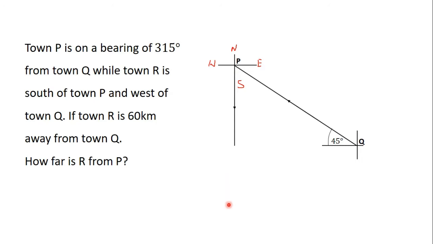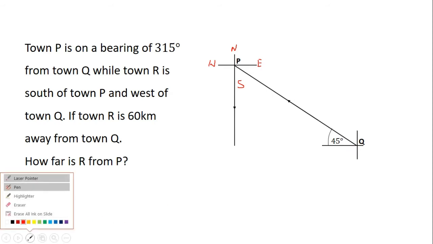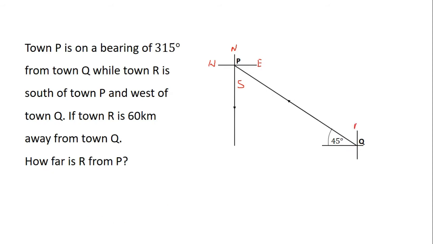We need another piece of information to help us find the exact point of town R. Town R is south of town P and west of town Q. So it means that when you come to town Q here, we know that here will be north, south, west, and east.